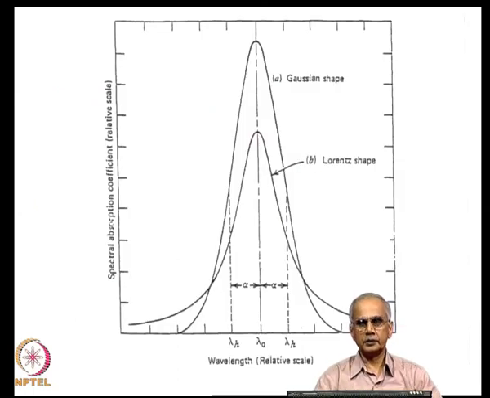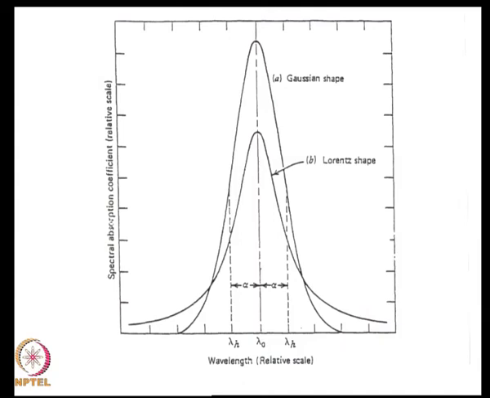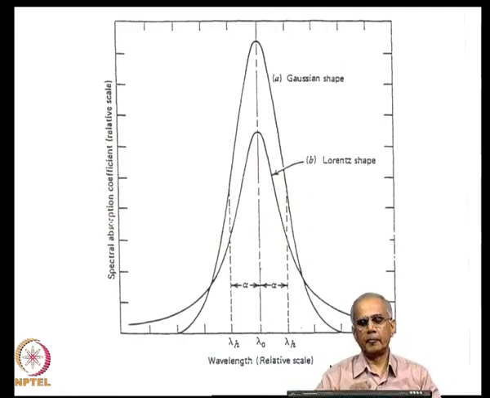And that is shown clearly in this picture. We have the pressure broadening of the Lorentz line and the Doppler broadening Gaussian shape, and you can see that as you go away from the center of the absorption line, the Gaussian, the exponential function, shows a rapid decline. So, after a certain distance, the Doppler broadening is not important, and the pressure broadening becomes important, because that goes as 1 by 1 plus x squared.